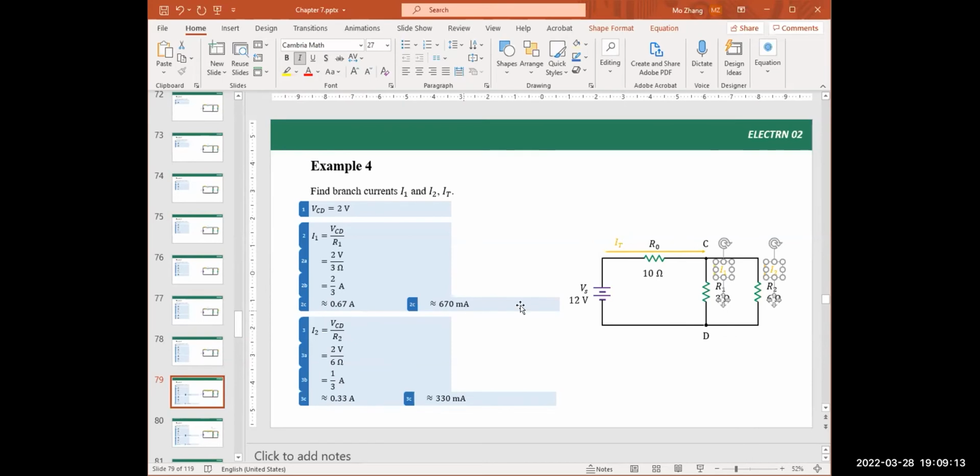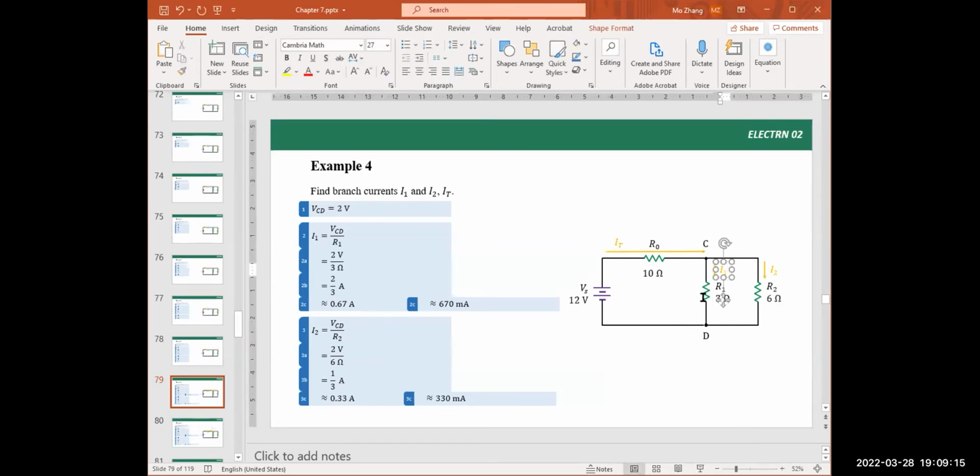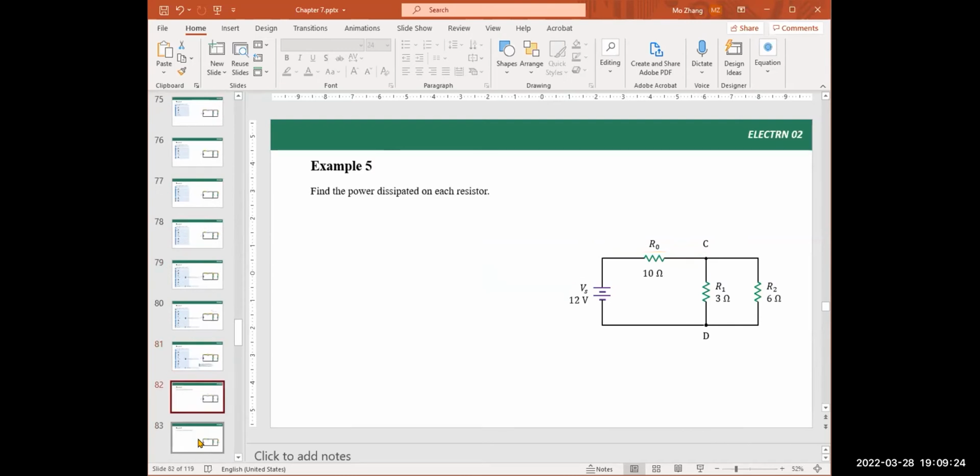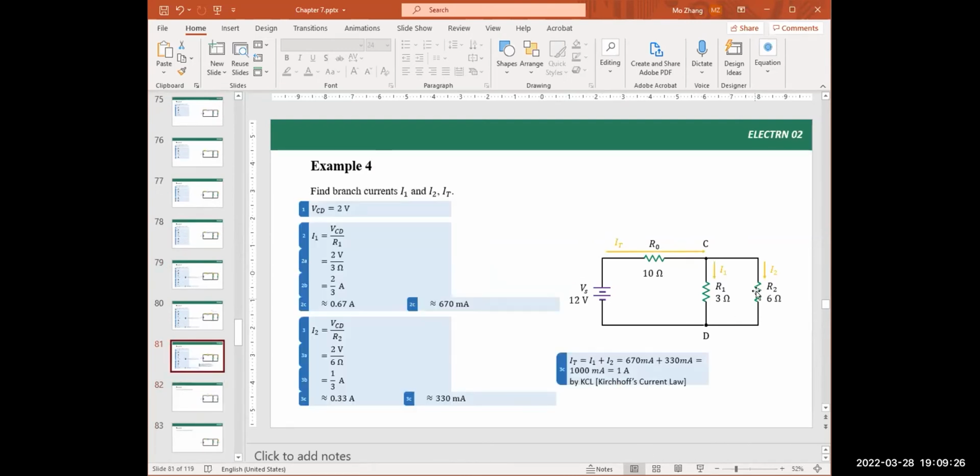Since I1 we calculated, that's 670 milliamperes. And I2 is the current in the furthest branch, equal to 330 milliamps or 0.33 amps.